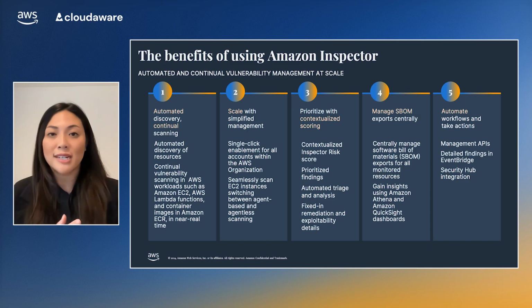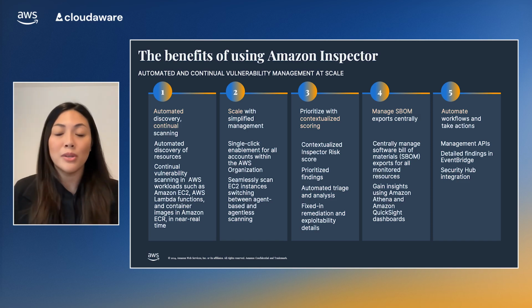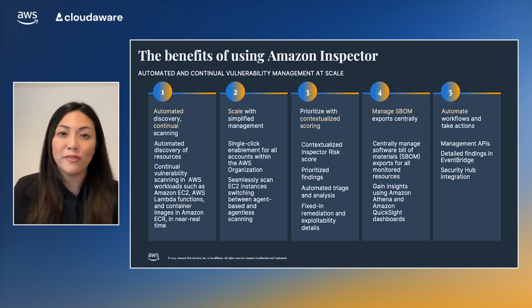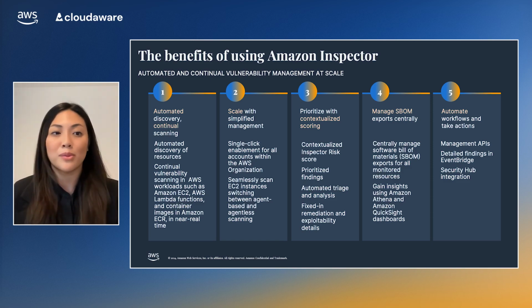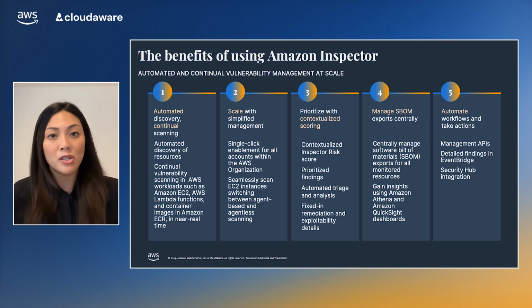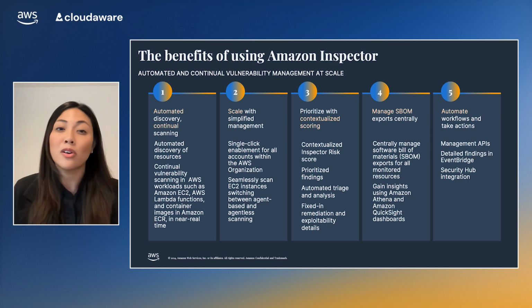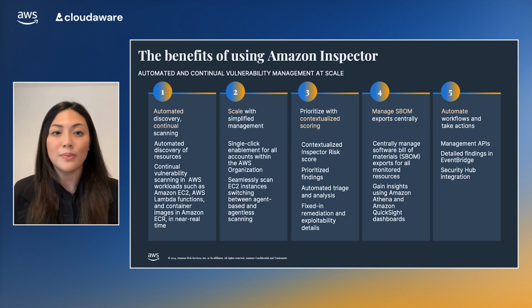And you can instruct Inspector to swap between the two. So that means that you can continuously have the ability to scan for vulnerabilities within EC2 no matter what. Of course, we also have automated discovery as well as continuous scanning across ECR, across Lambda functions, as well as our container images.